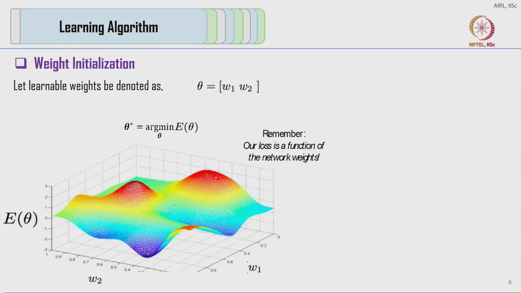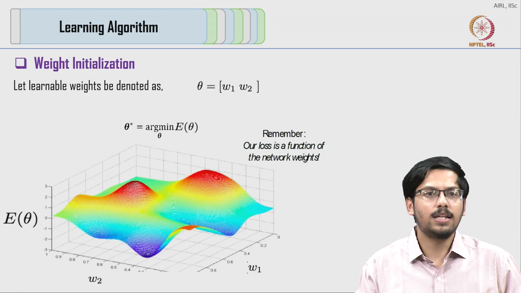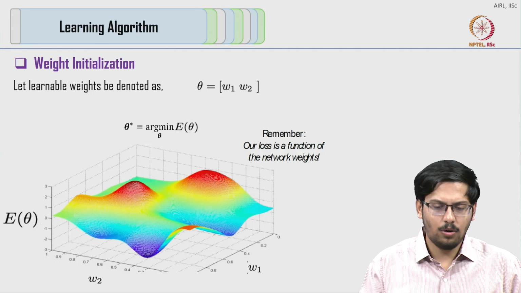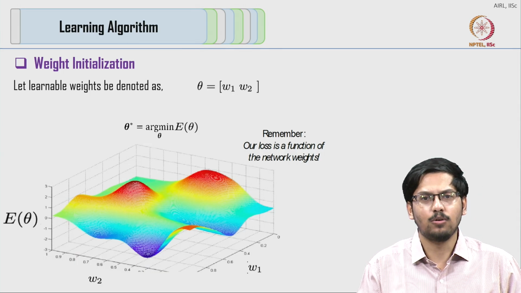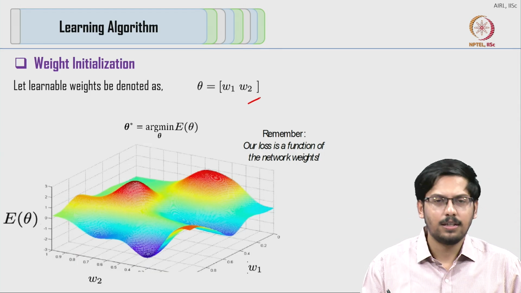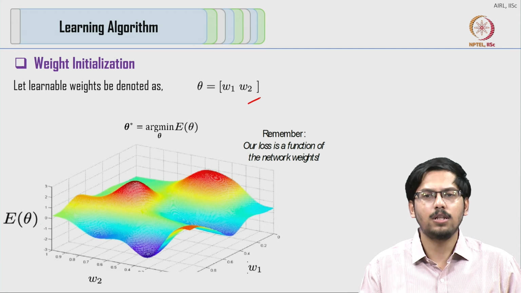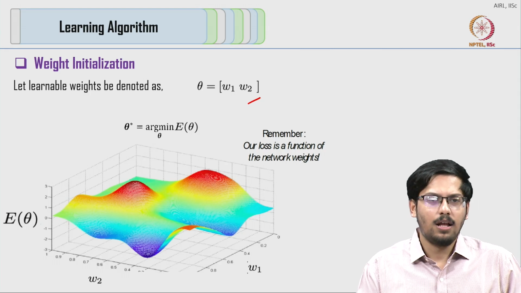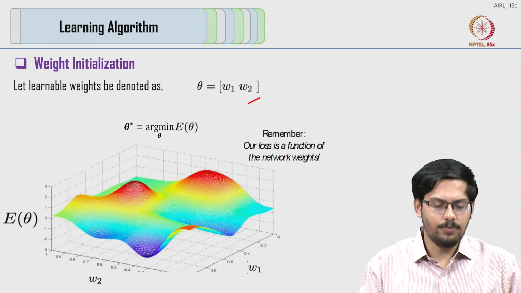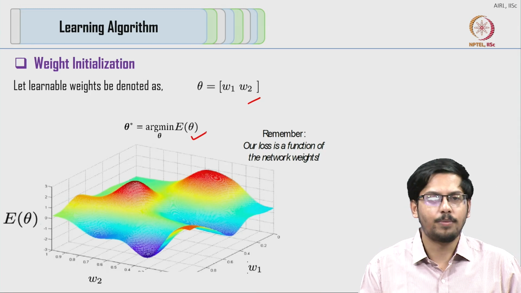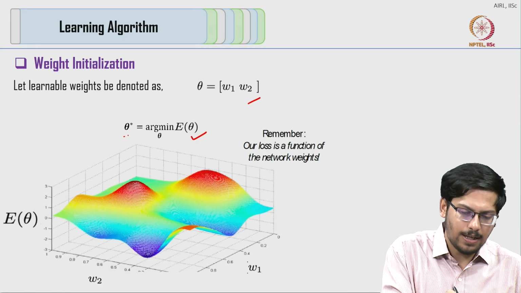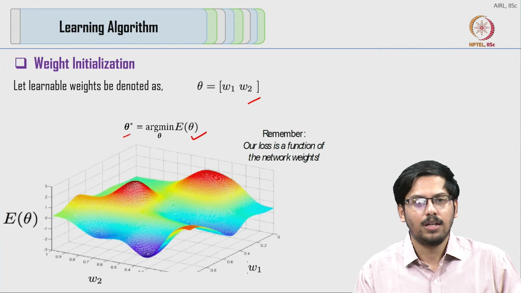Okay. Now we discussed the learning algorithm last time, which was on the weight initialization parts. Comparing that to the single layer neuron we saw earlier, theta represents all the learnable parameters in the single layer neuron; W1, W2 are the learnable parameters. The goal of any learning algorithm is to give us this particular optimization, which is arg min of E theta, and we should get an optimal theta star here, right.